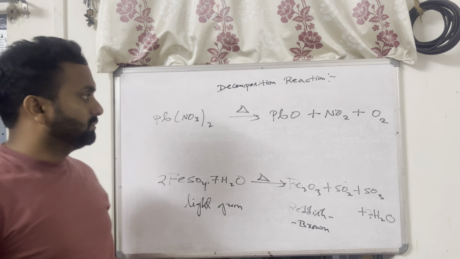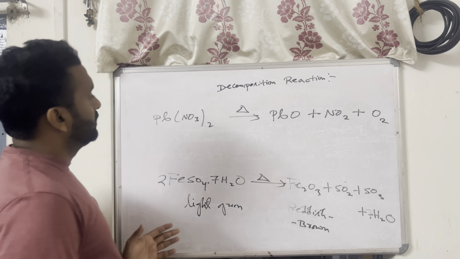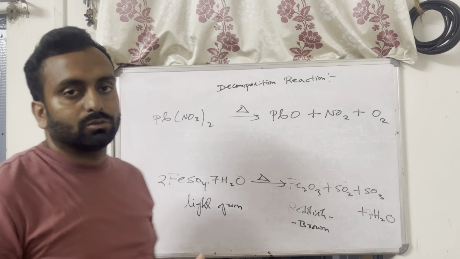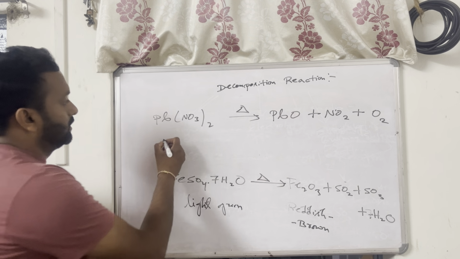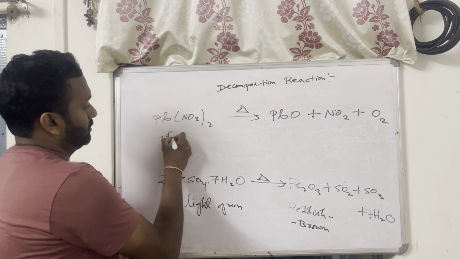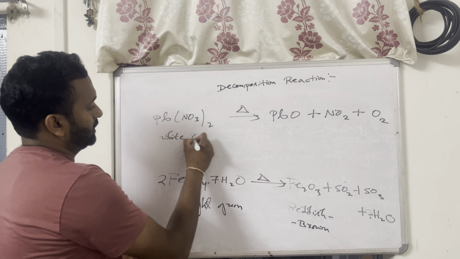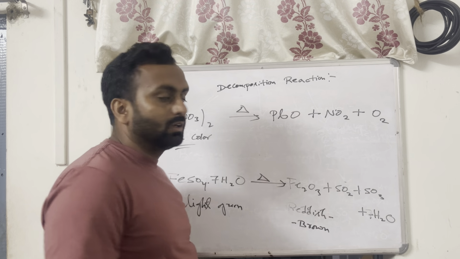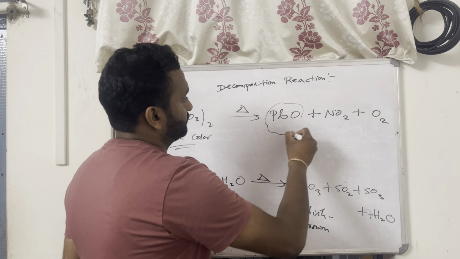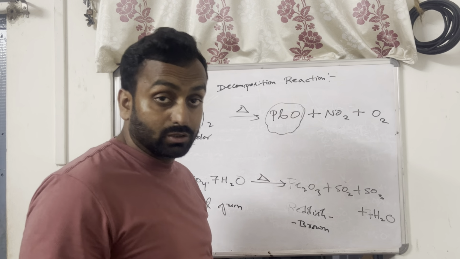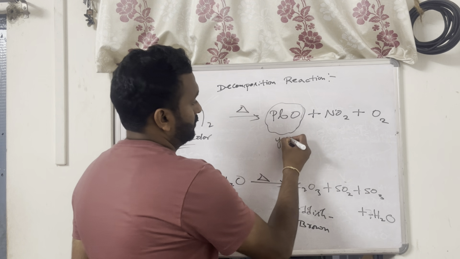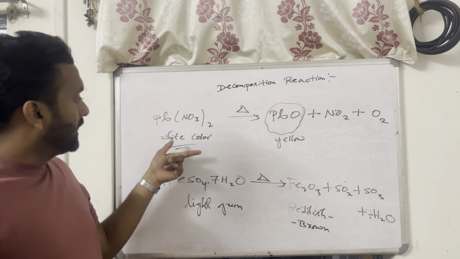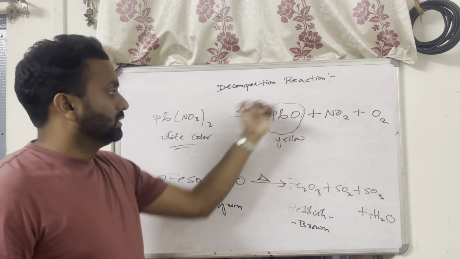Just remember that initially this lead nitrate was in bulk, white in color. After heating, the lead oxide which we got is yellow in color. So basically the transition happened from white color to yellow color.